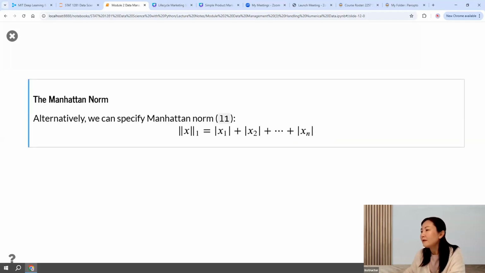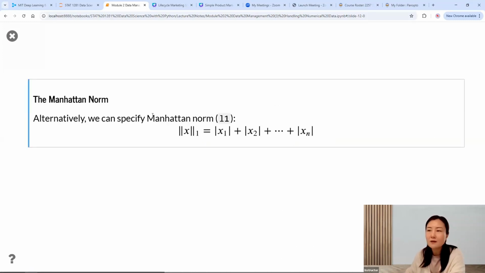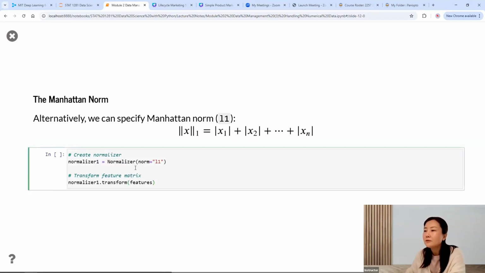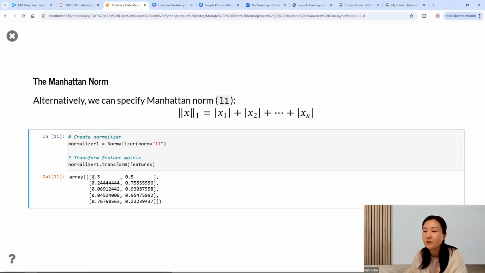Alternatively, you can use the L1 norm. The L1 norm is the sum of the absolute values of each value in a vector. To do it in Python, we can just specify the argument norm equals L1. Call it normalizer 1 and transform the features. After transformation, the sum of the absolute values in each vector is equal to 1.